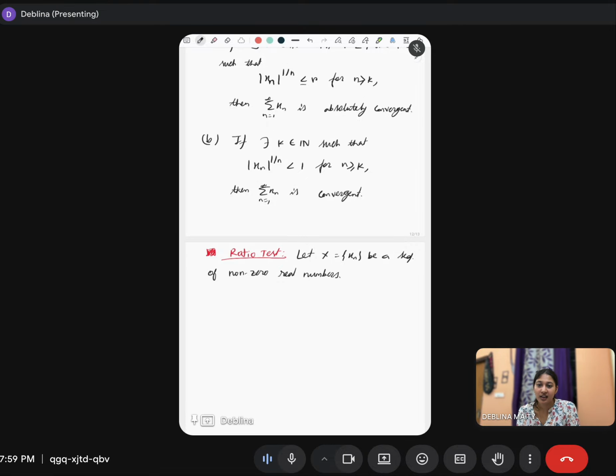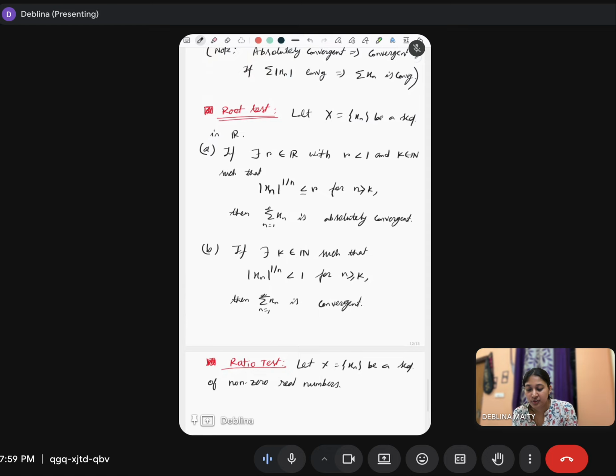For the root test, there is no issue of non-zero or not, because we are taking the modulus of xn, so it becomes positive.